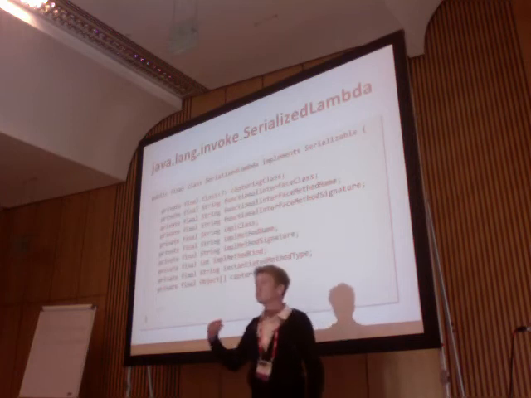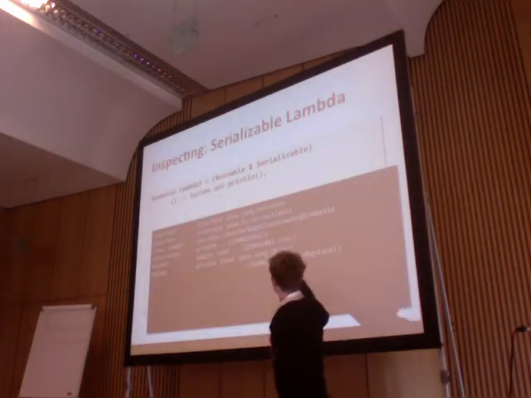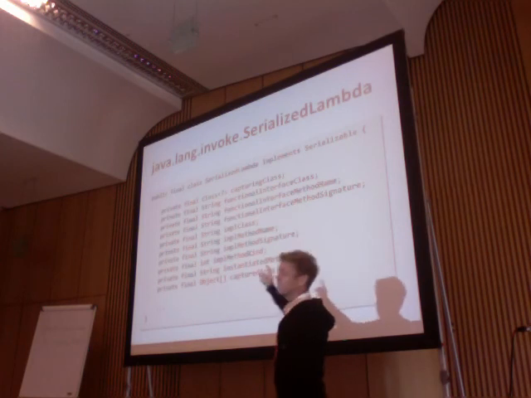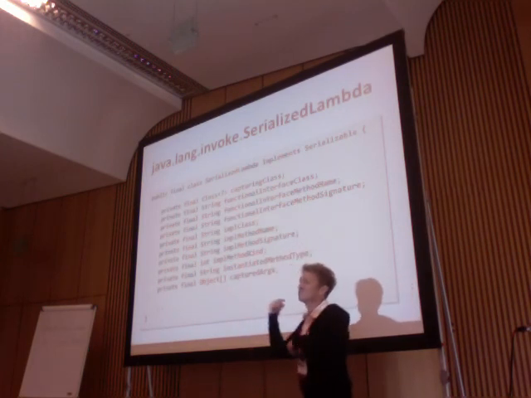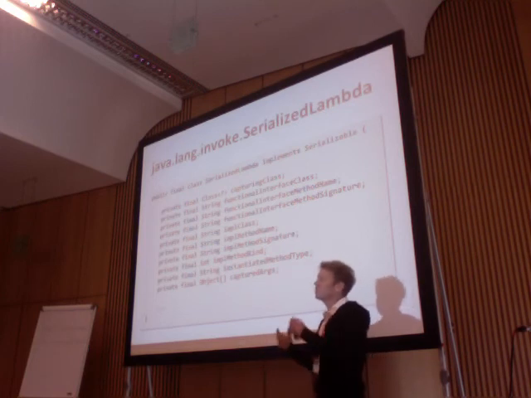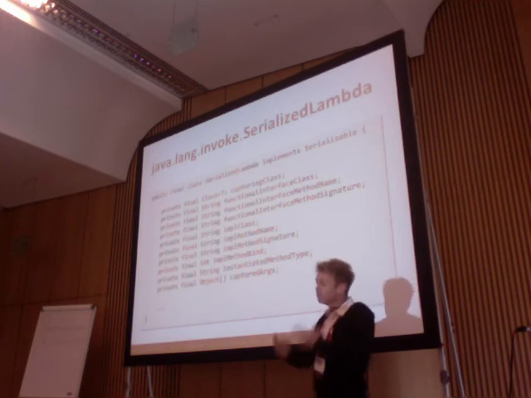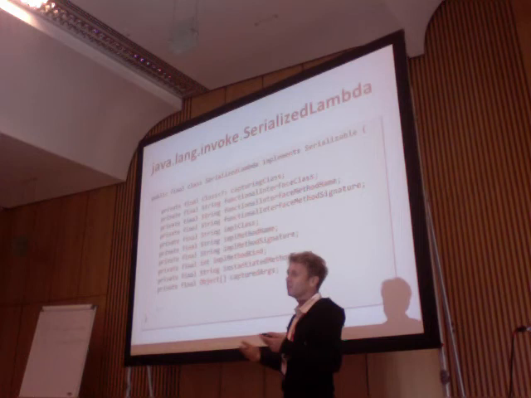We've seen the writeReplace here. This class has the opposite, called readReplace. So when the class is deserialized, it does not return this actual object, it calls readReplace. And the readReplace again uses a LambdaMetafactory to create a new instance out of these arguments.